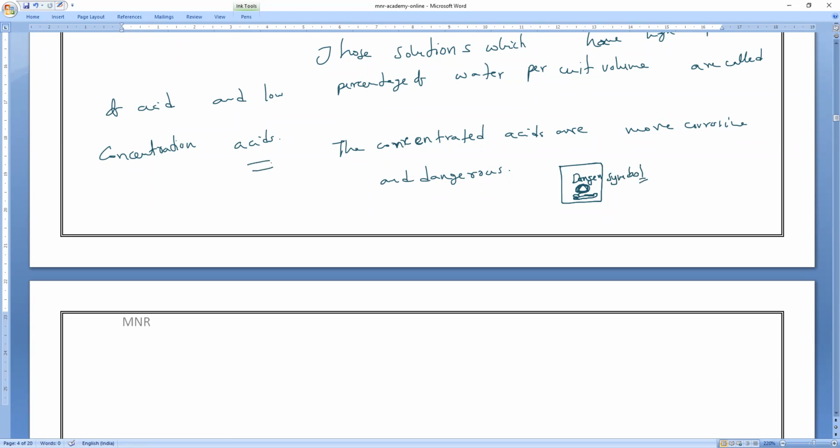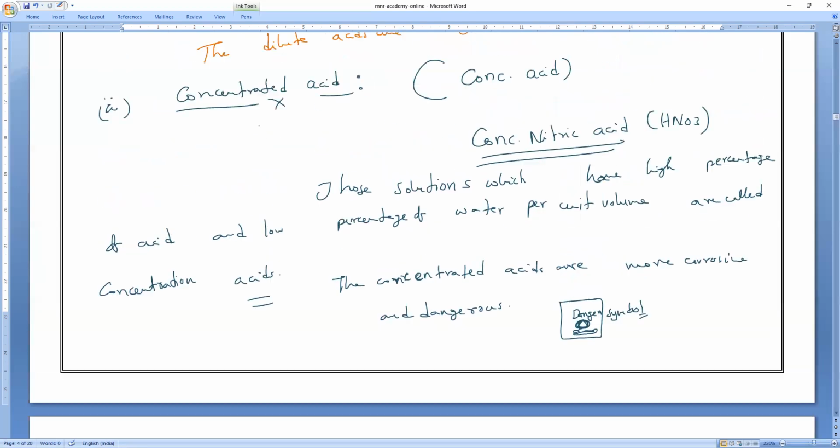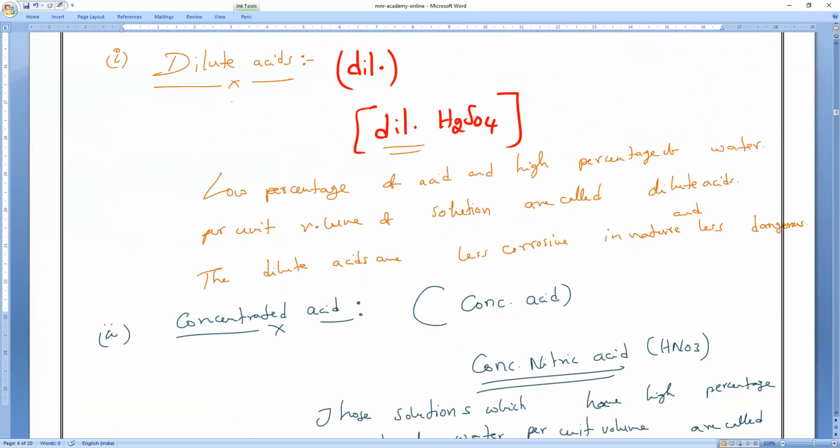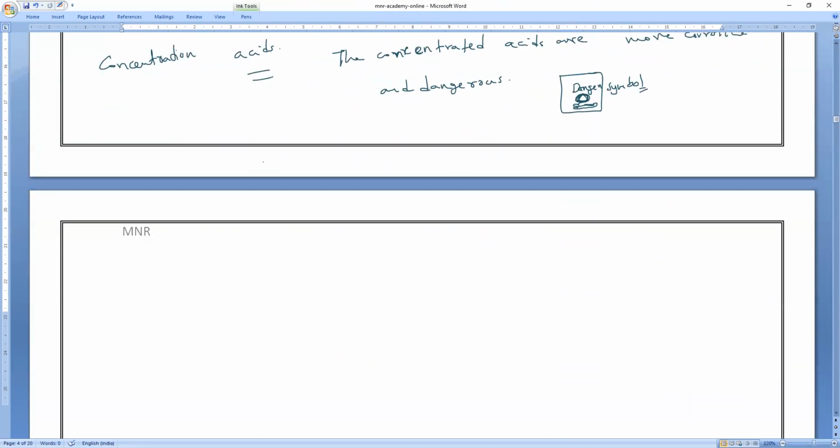So these are the categories or types of acids, based upon different things: the amount of acid, the origin, as well as the availability of hydrogen ions. Now, when we want to convert concentrated acid into dilute acid, be very careful, all of you.